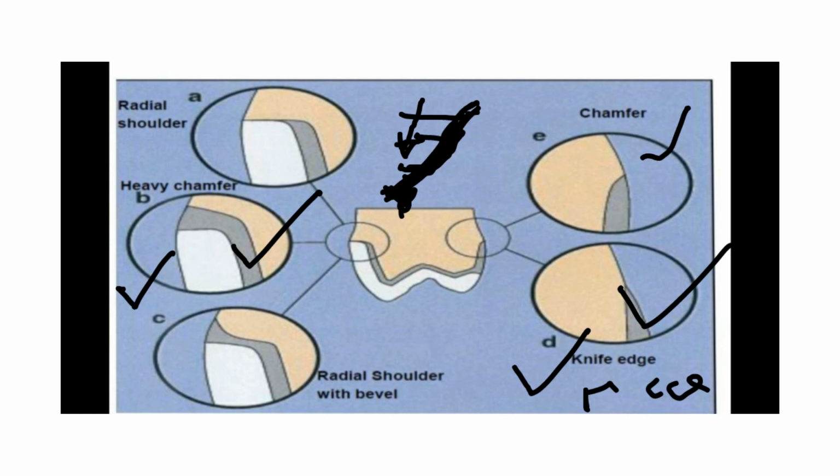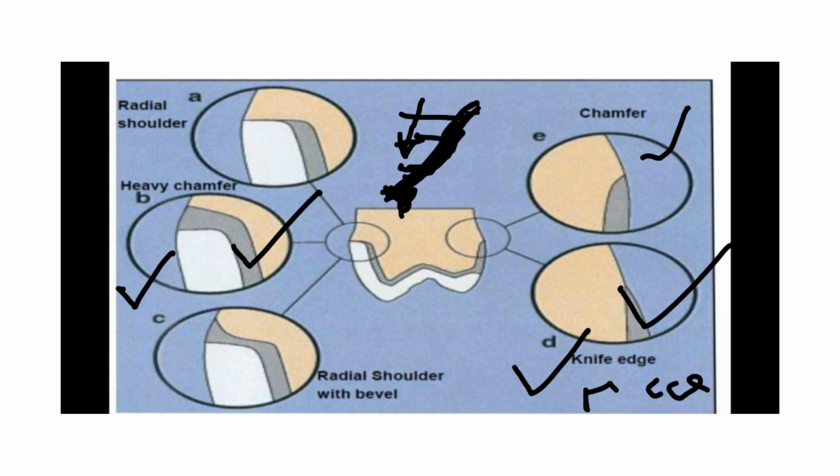So chamfer is given for metal because metal is strong in thin section, and shoulder is given for porcelain because it requires bulk for rigidity so that it does not break. I hope it is clear.